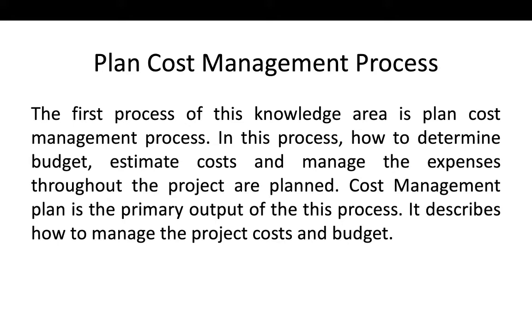So all this is done in the planning phase. That's why it's written that the first process of the knowledge area is plan cost management. In this first step, we will estimate the cost and we will plan how to manage the expenses.